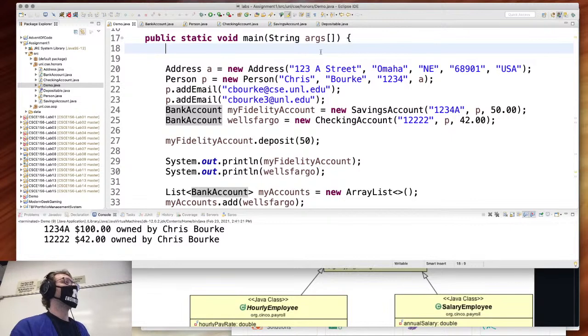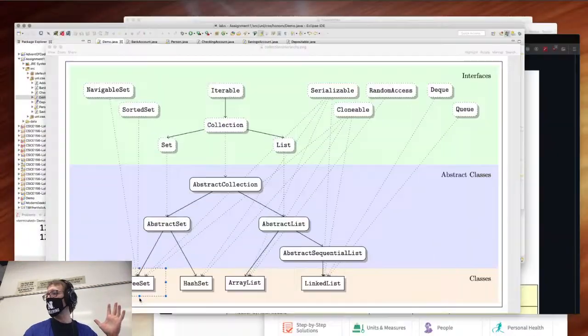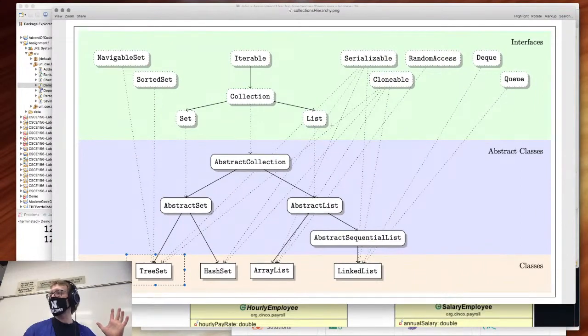Question: should I be having interfaces and abstract classes? No, that's all part of inheritance. Eventually, if you want to, you can. You don't have to though. In fact, there are going to be at least half a dozen different variations on the inheritance, maybe some abstract classes, maybe some interfaces. You could have an entirely copied interface hierarchy like this does over here: Set, Collection, List.